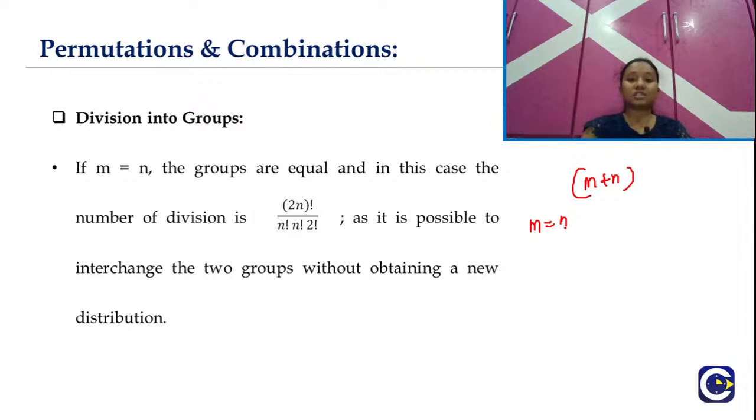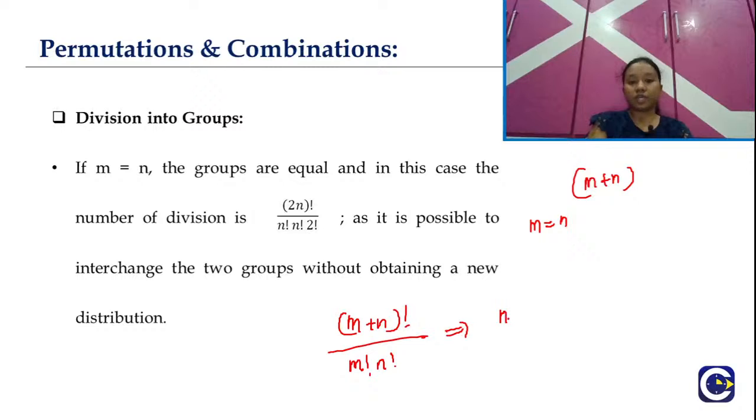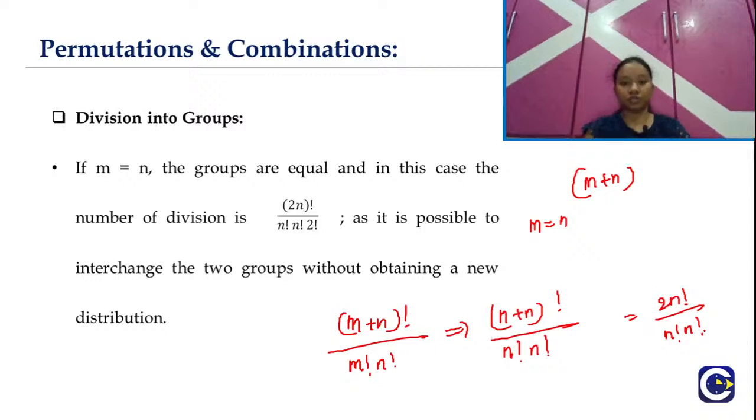In this case, the number of divisions in our previous formula was m plus n factorial divided by m factorial into n factorial. In place of m we also have n, so let's replace that. Now it becomes n plus n factorial over n factorial and n factorial, which is 2n factorial by n factorial and n factorial.